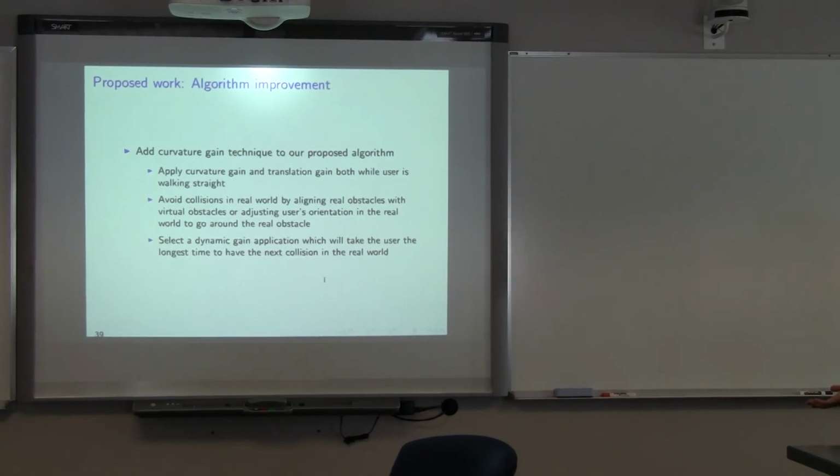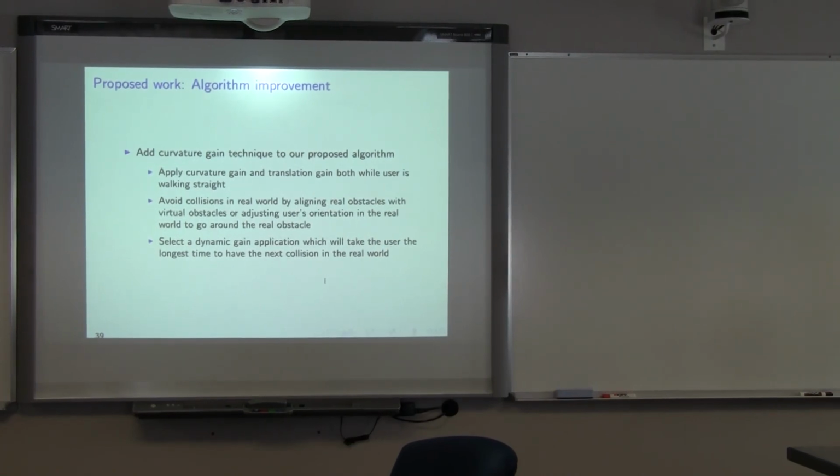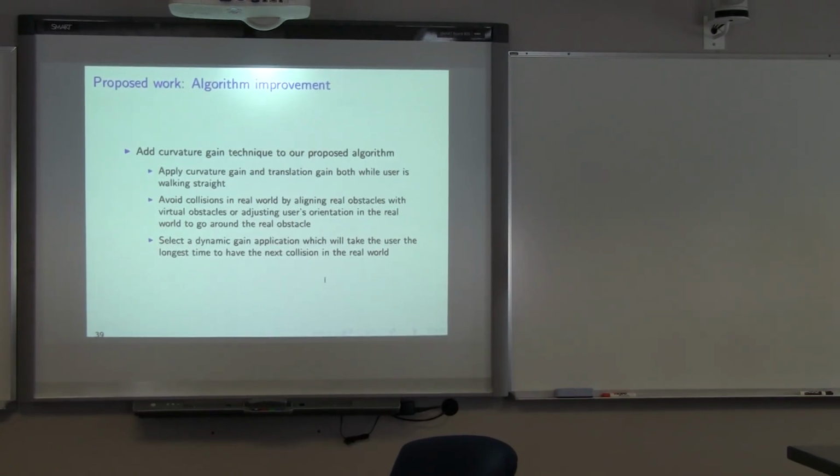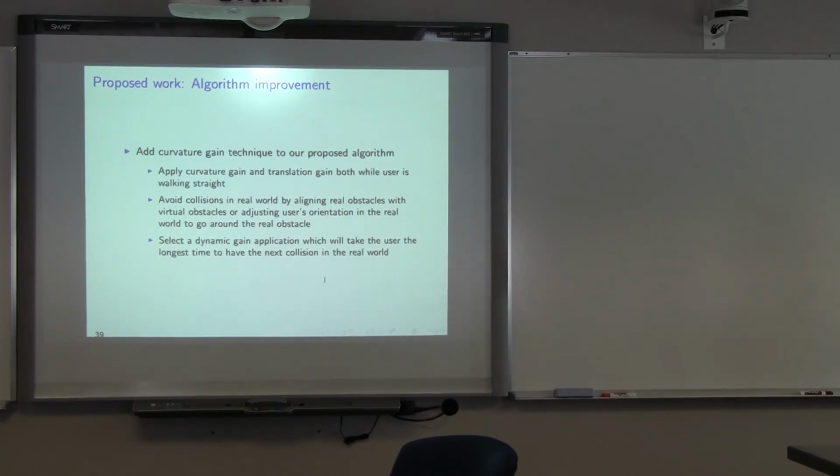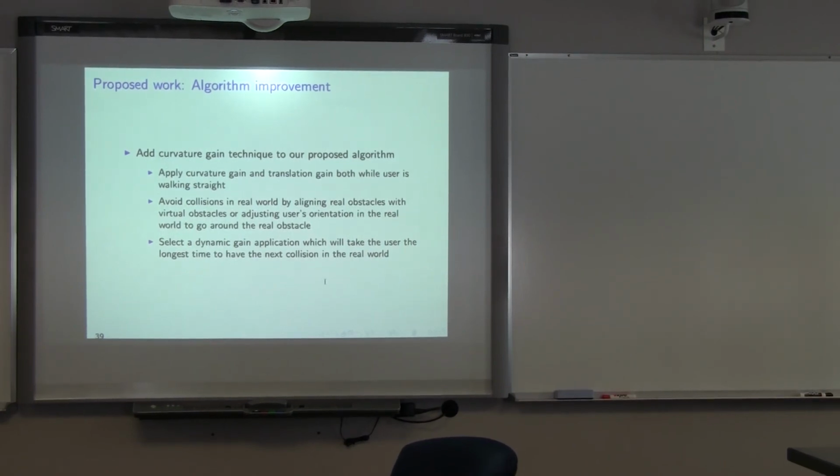Our current translation gain algorithm flexibly aligns the virtual obstacle with the real obstacle to avoid a potential collision in the real world. By adding the curvature gain, we may get the user to easily get around that potential real obstacle and avoid a potential collision.